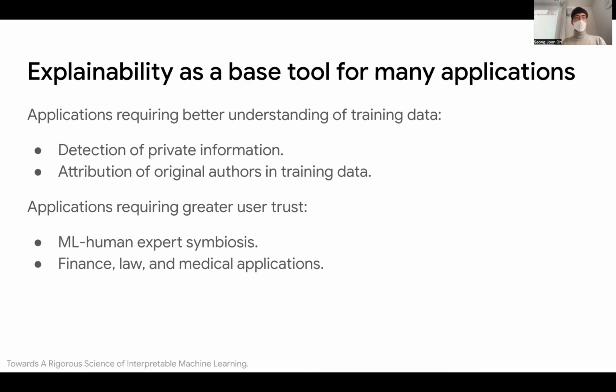Then being able to track down where this home address information came from in the training set is going to be very informative for those who are auditing training data and so on. And of course, there are also applications that require greater user trust when the human expert is working with machine learning system to generate better outcomes, such as finance, law, and medical applications these days.